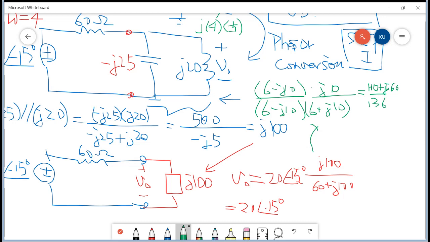And you can find that this complex number can be converted into the polar form.